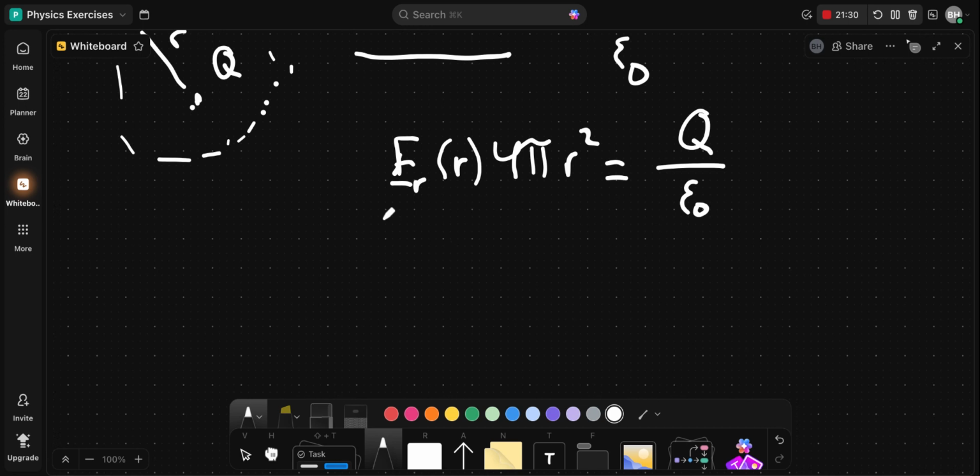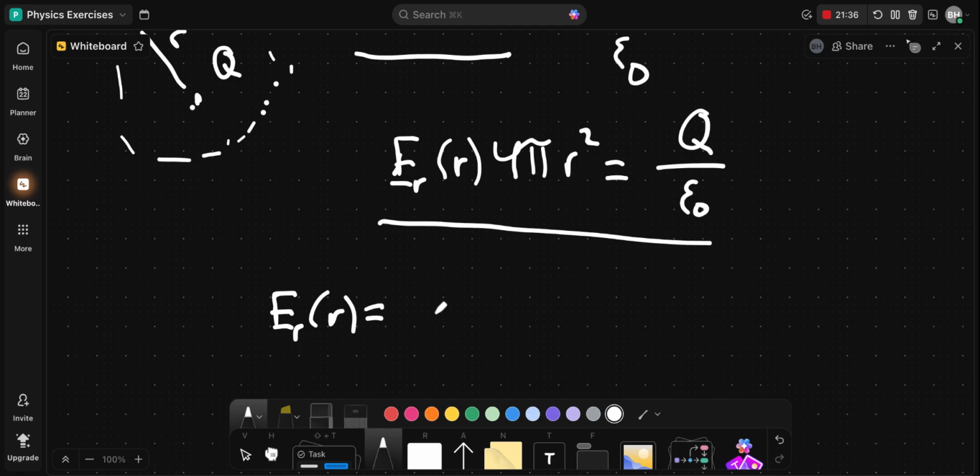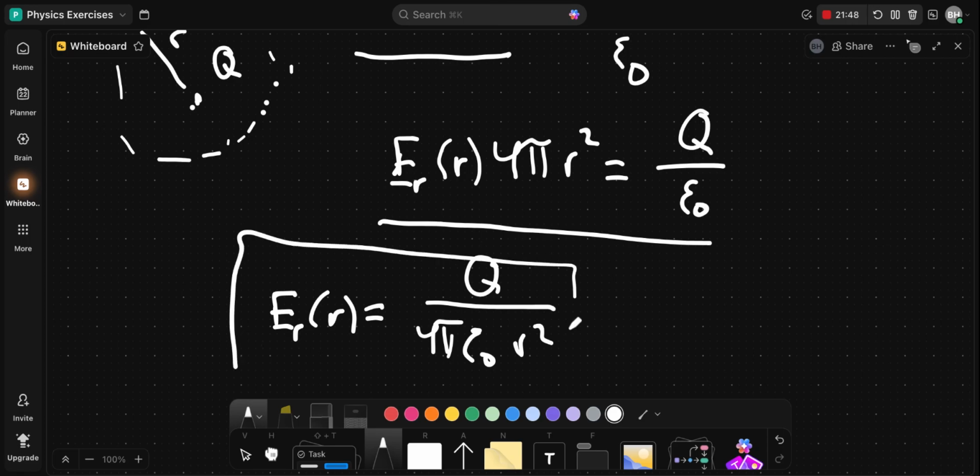And from this, we get exactly what we expect from Coulomb's law, namely that the electric field is equal to the charge divided by the constant 4 pi epsilon 0 times r squared. So we recovered the electric field that we already knew, but here we used Gauss's law.